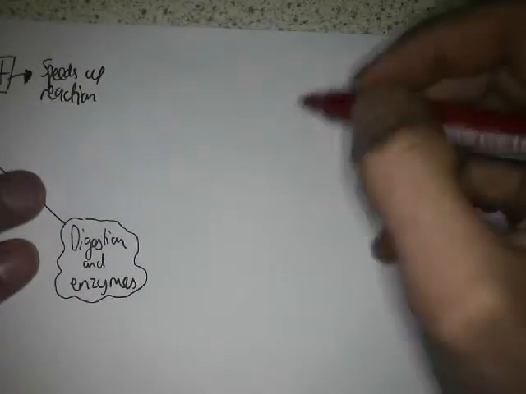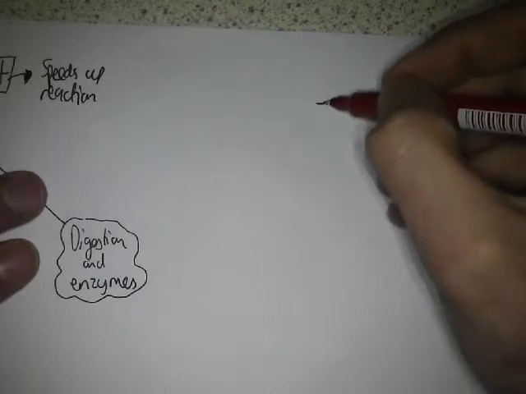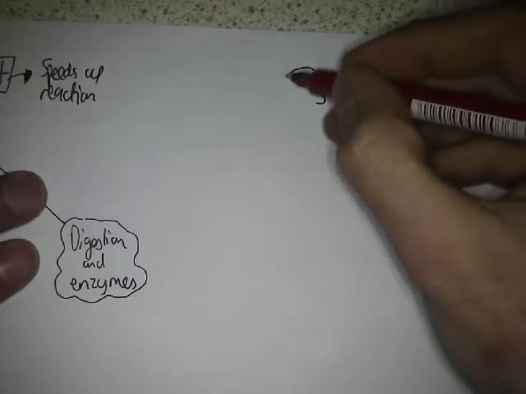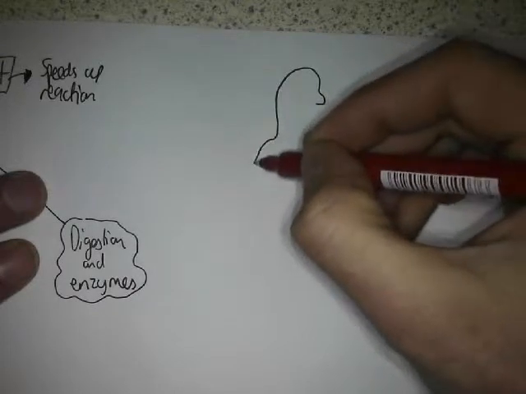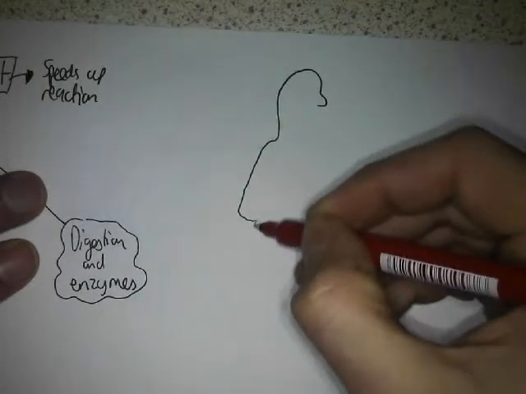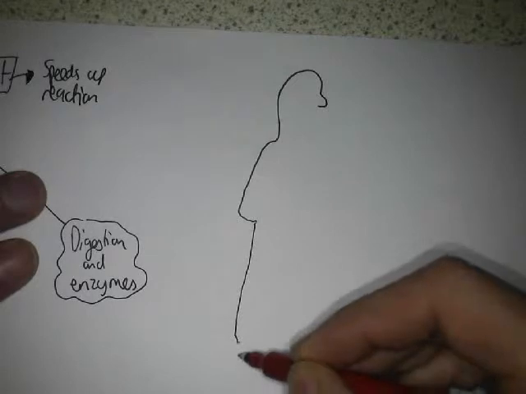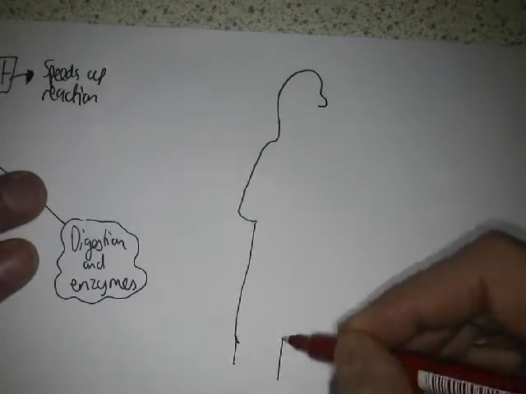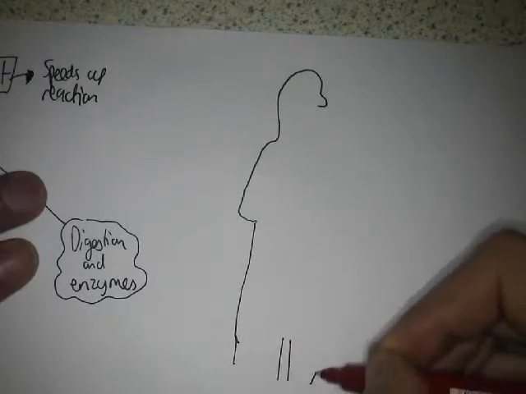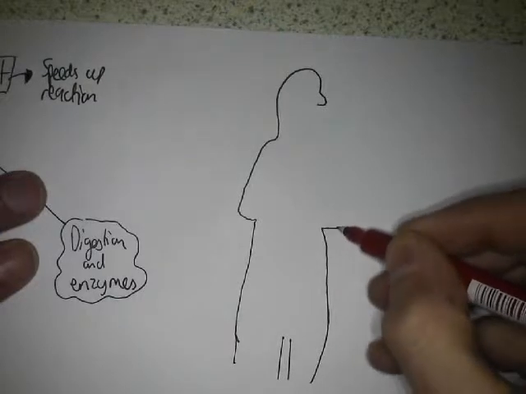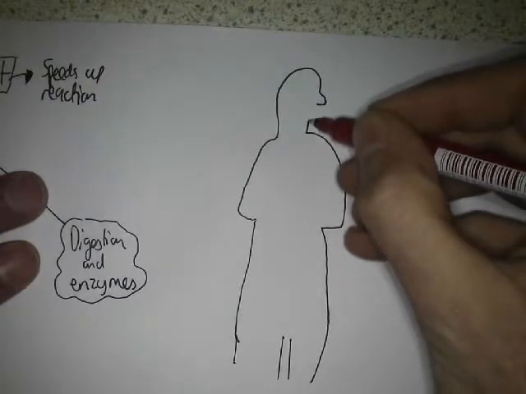So here's my artist impression of the digestive system. Nose, shoulders, and it's not to scale whatsoever, but I don't care. Let's just do that. Awful. Absolutely awful, but we're going to go with it.